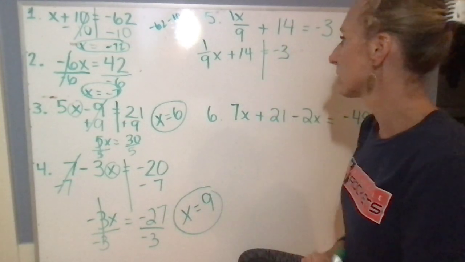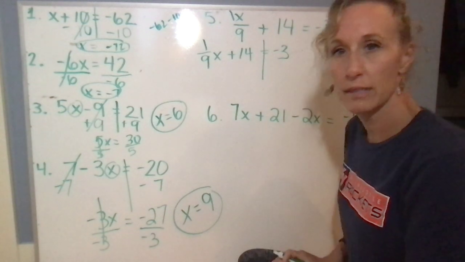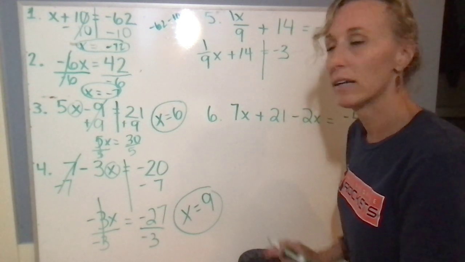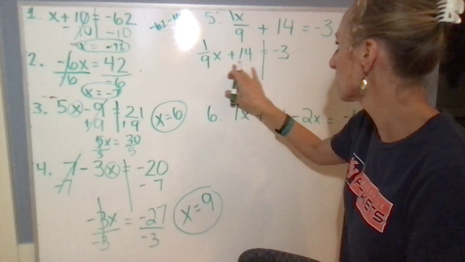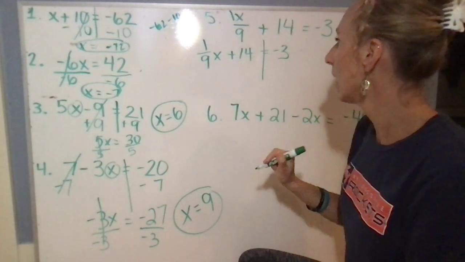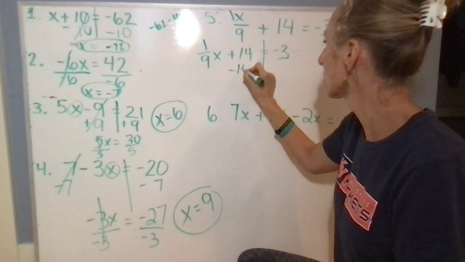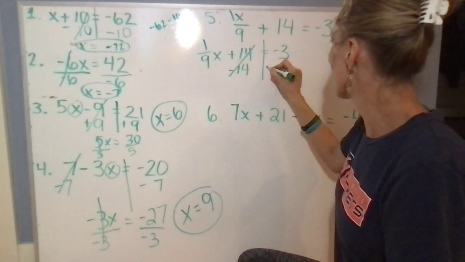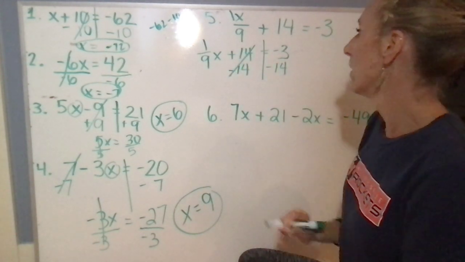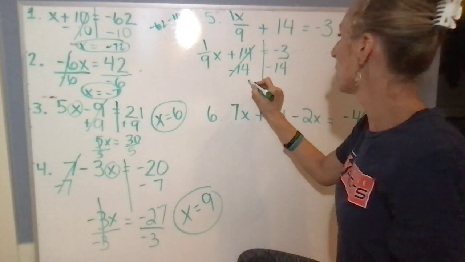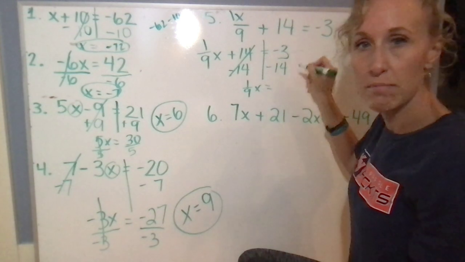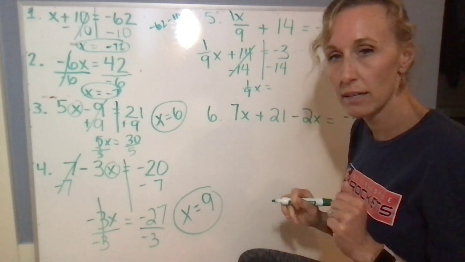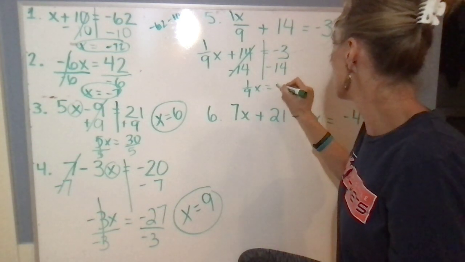We're going to put the line down the equal sign, and we want to look at what's furthest away from my x on the same side. So the furthest away is the 14. So we're going to undo that first by subtracting 14. Then we're going to subtract it over here. So now we're going to bring down 1/9 x. And negative 3 minus 14, don't put extra negatives in there, is going to give us negative 17.